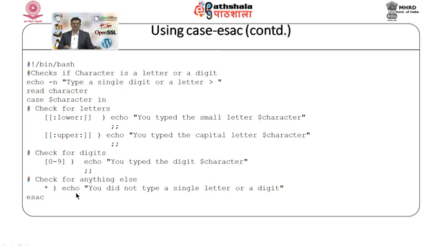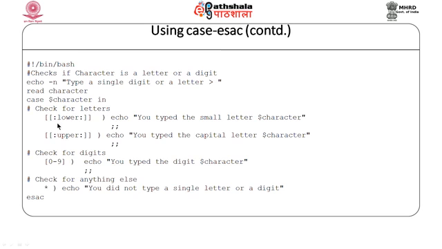Let us see one more example. This is another example where a user is prompted to enter a character, and we check whether the character is lower case or upper case, whether it is a digit or a normal character. So, you can use such kind of wildcard while using case ESAC.